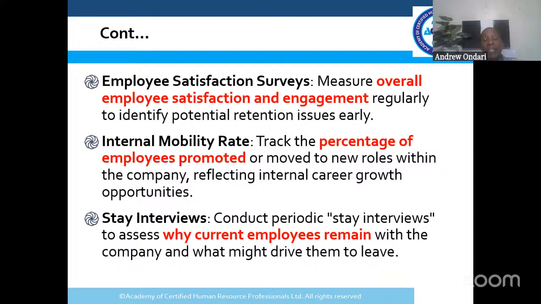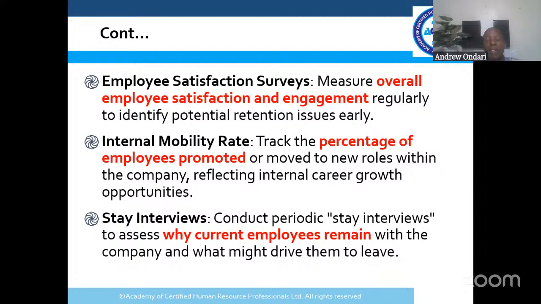And lastly, stay interviews. Somebody could ask, what is the difference between exit and stay interviews? In stay interviews, we get information from the current employees who are staying in the organization. We ask them what makes them stay. And going by what we said earlier on about the promoter index, these are the people who are likely to say good things about the organization.